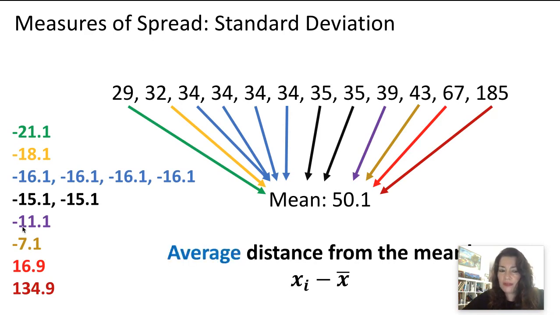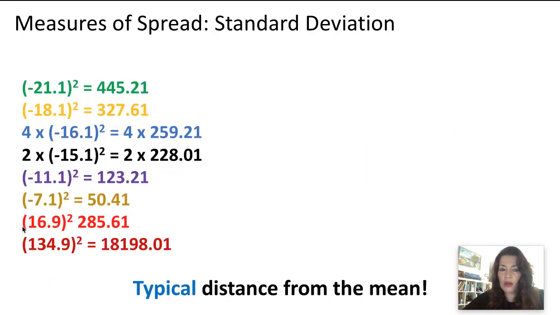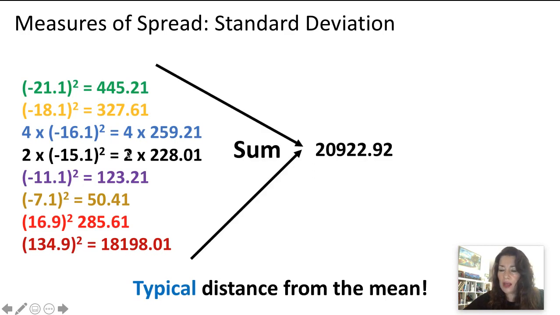All right, so after we take the distance from the mean, we're going to square each value. So each value that we took the distance from is going to be squared. That's what it is here on the right. And then we're going to sum up all the values.